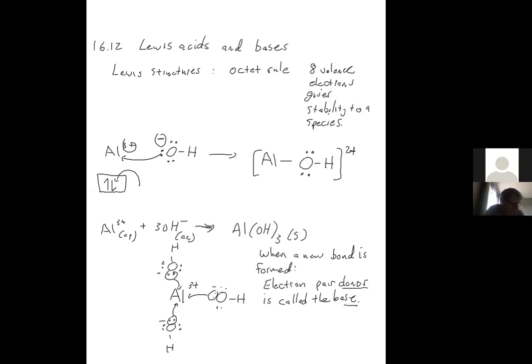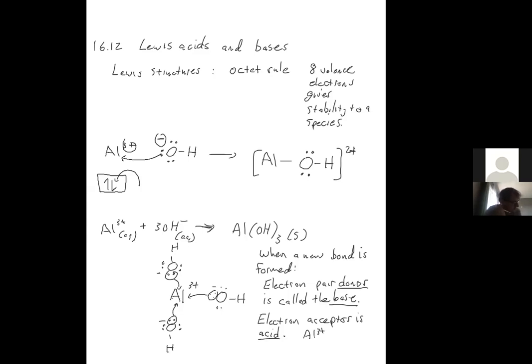So that means the hydroxide is the base because it's the one that's donating the electrons to form that chemical bond. The electron acceptor is what we call the acid. So the aluminum in this case would be the acid because it's the one accepting the electron pair to form this new chemical bond.